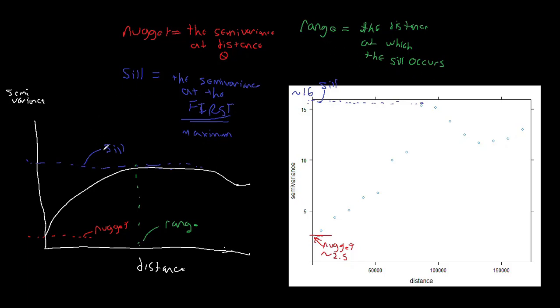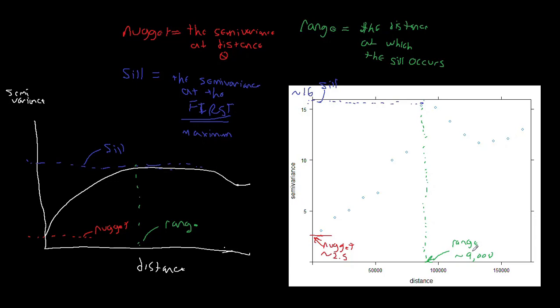So the sill is the first maximum in semivariance, and the range is simply the distance at which that occurs. In this case, this was our sill, our first maximum in semivariance. And so if we draw that down, this is our range. And the range here is going to be approximately 9,000.